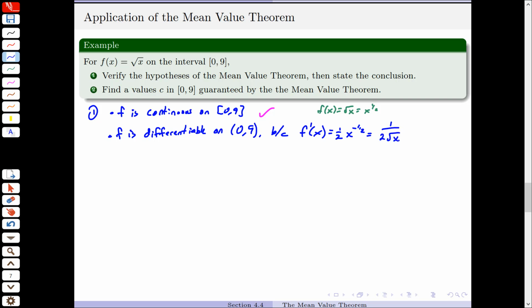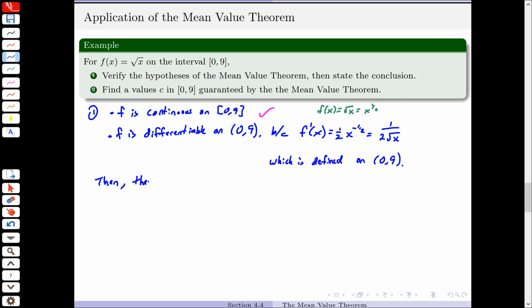And here I can see we'd have a problem at 0, but for anything bigger than 0, we're okay. And we only need to be differentiable on the open interval (0, 9), so that 0 point is not going to create a problem for us. Okay, so this f prime of x is defined on the interval (0, 9). Okay, so there's our two conditions.